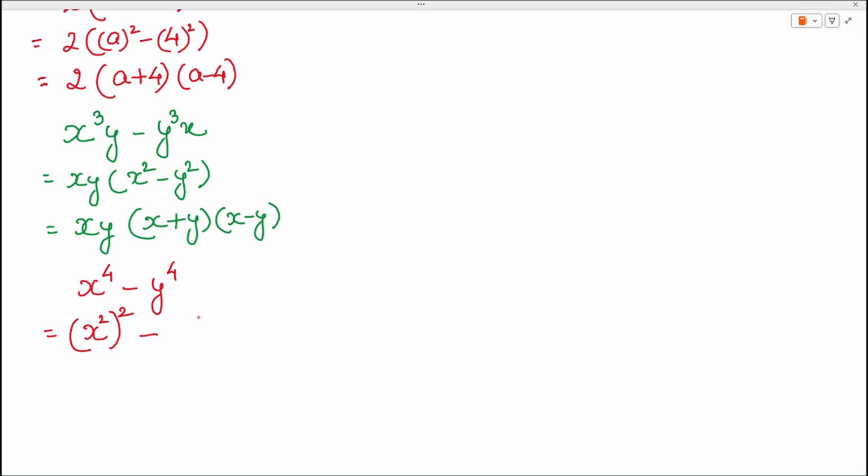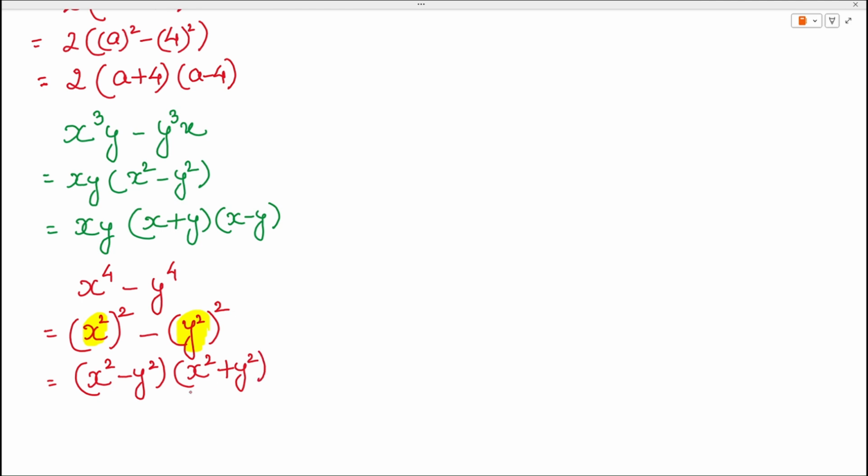And y raised to the power 4 can be written as y squared, the whole squared. Over here our a term is x square and b term is y square.